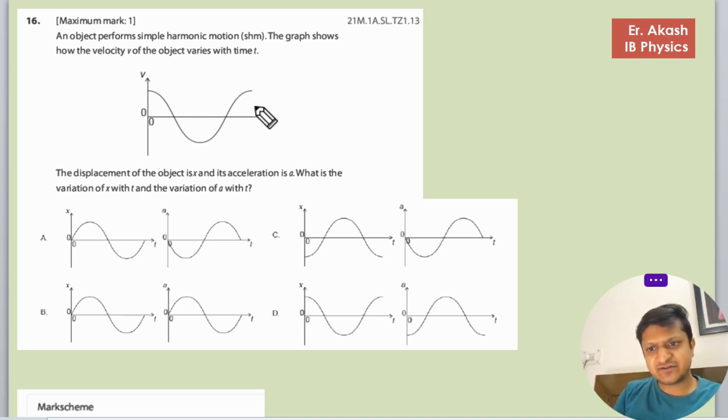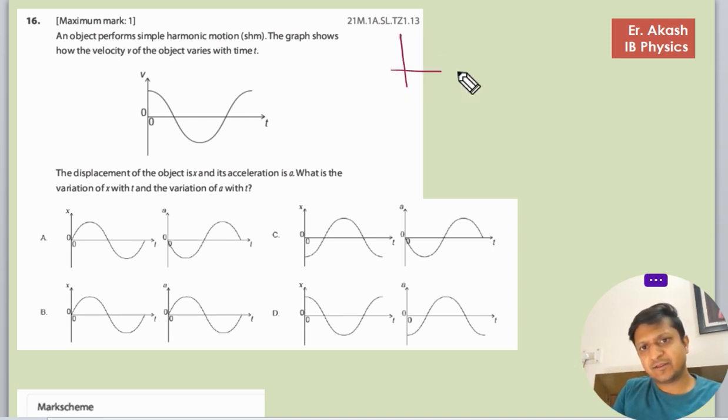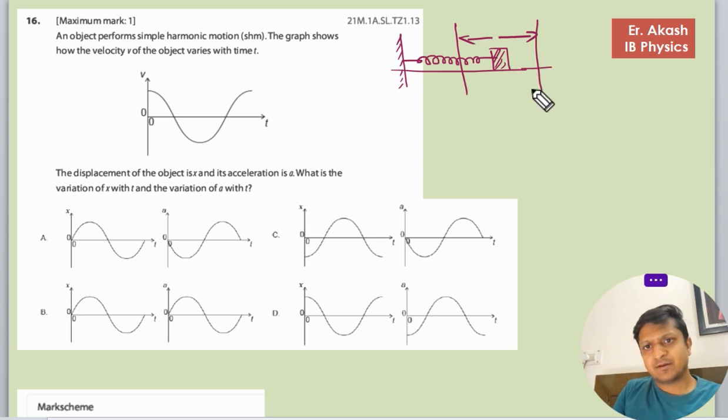So first understand what's happening in this question. There is a body which is attached to a spring and it's moving to and fro. The velocity at t equals 0 is the highest velocity.